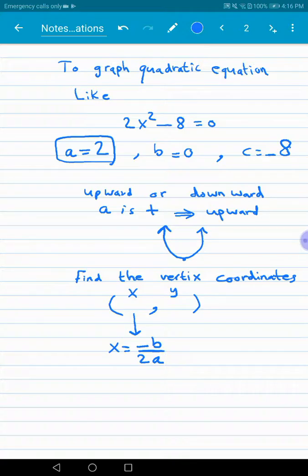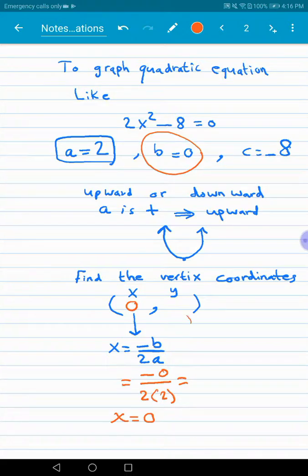So x here is equal to what? x equals minus, the b is 0, over 2 times 2. So the coordinate of x equals 0 divided by any number, which equals 0. So the x coordinate is 0.